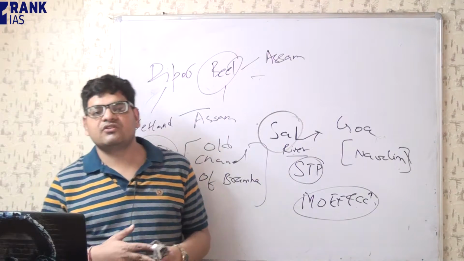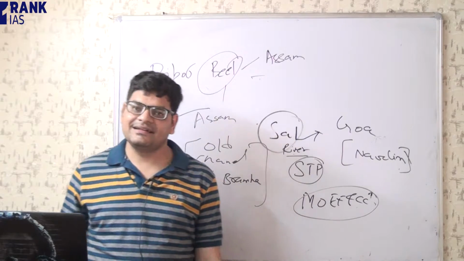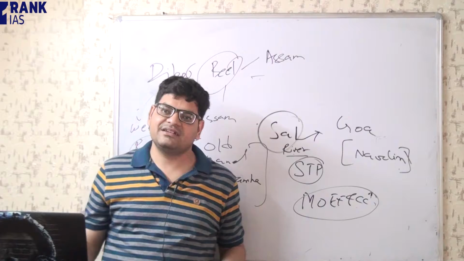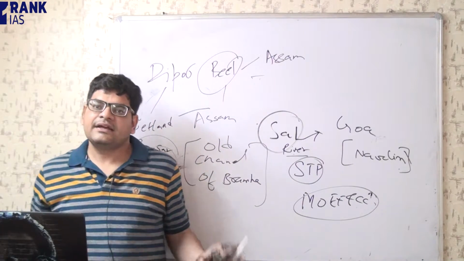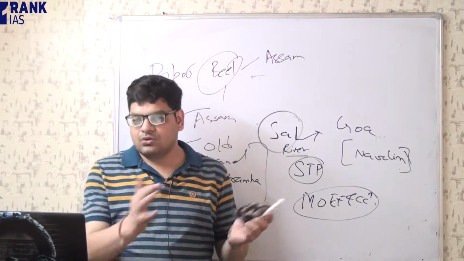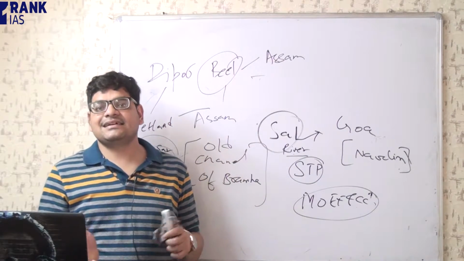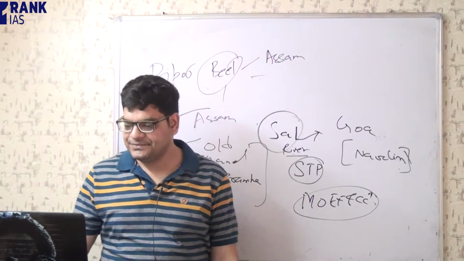The eco-sensitive zone of Okhla Bird Sanctuary has been notified recently, so that there can be a boundary within which there will be no human intervention, while outside that boundary human activity can be allowed. Now this place can be revamped as an ecological site with easier access on the Delhi-Noida border.